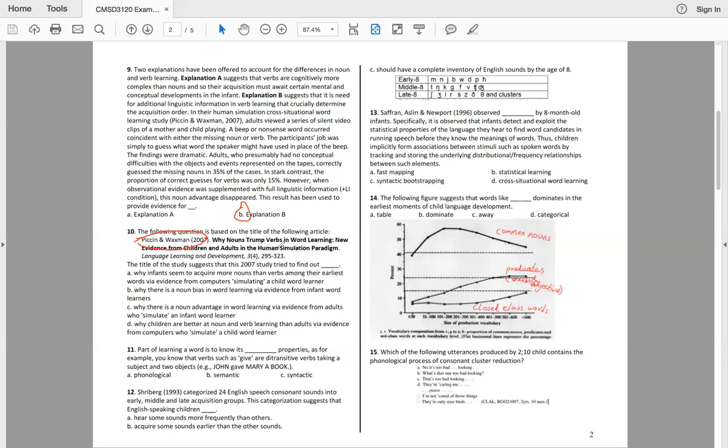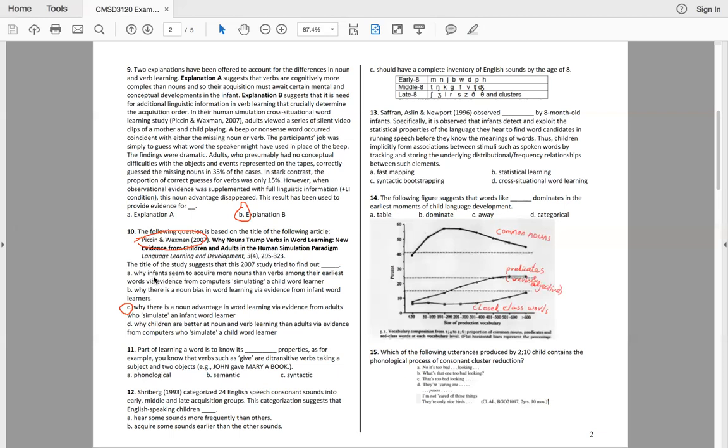What is important is that in the human simulation test, they do not use infants. They use older children and adults. But most importantly, the evidence comes from the adults, as you can see in question 9. So the answer for this question is C.